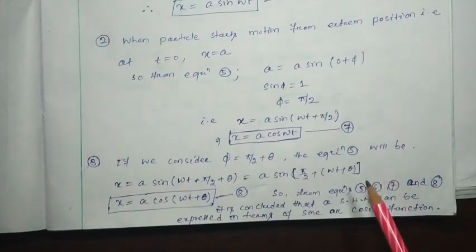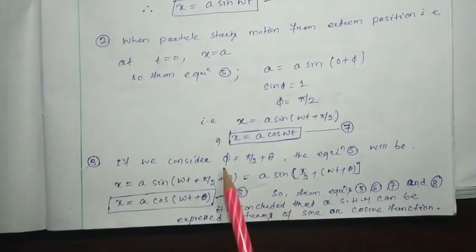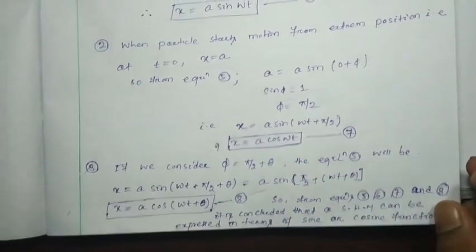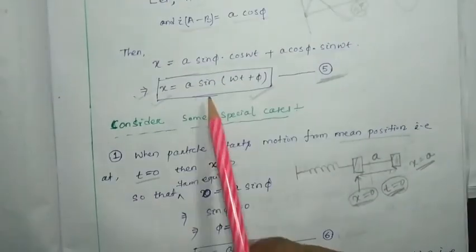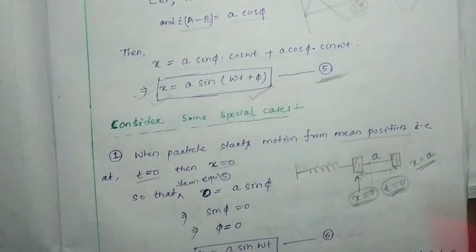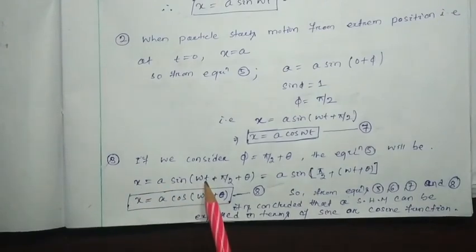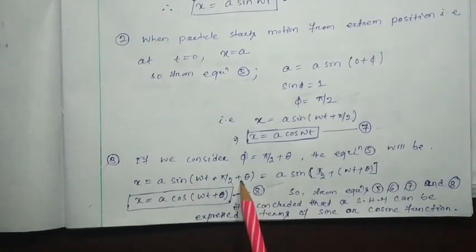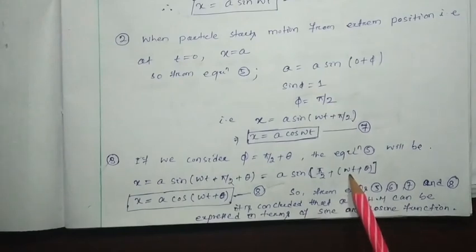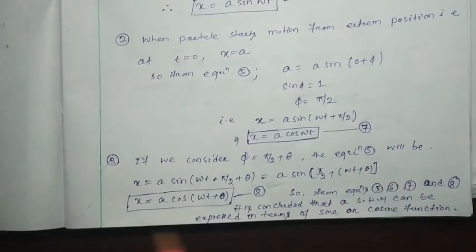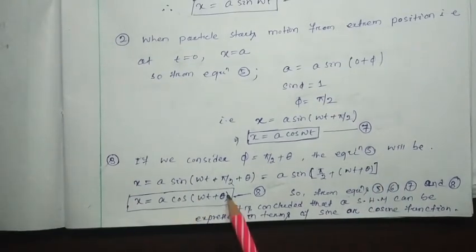In equation number 5, instead of phi we put pi by 2 plus theta, it will be a sin omega t plus pi by 2 plus theta, which equals a cos omega t plus theta. Let it be equation number 8.